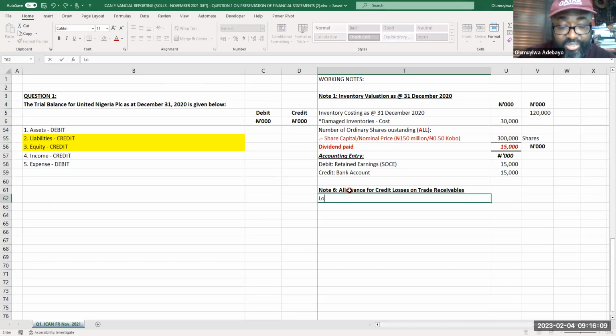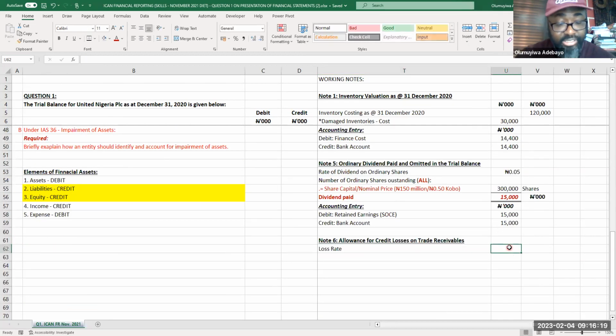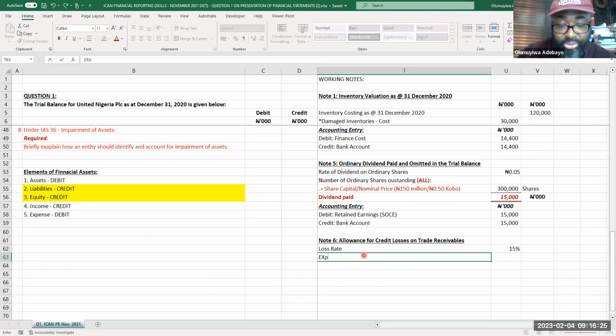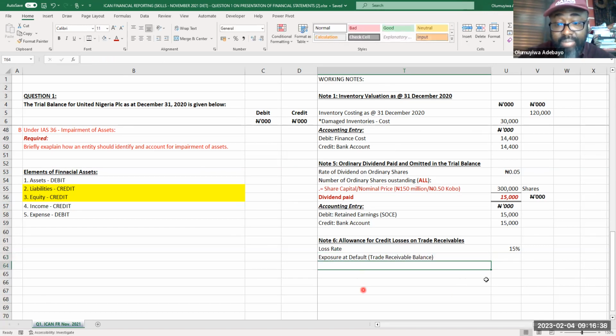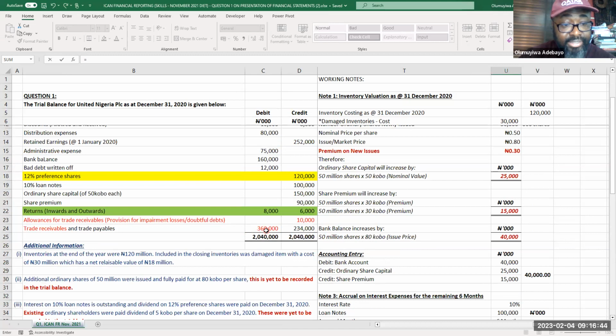Now, what is the loss rate? The loss rate is what is given to us at an average of 15%. Therefore, my loss rate is 15%. And what is the exposure at default, which is my trade receivable balance as at the end of the year? My trade receivable balance as at the end of the year, if you go back to our trial balance, is 360 on the debit.